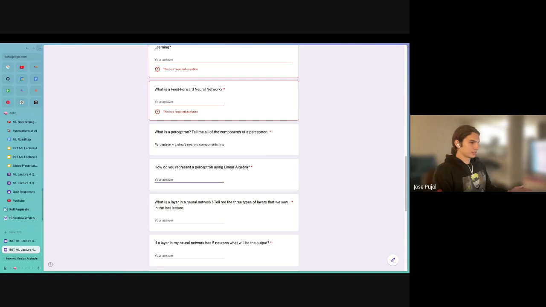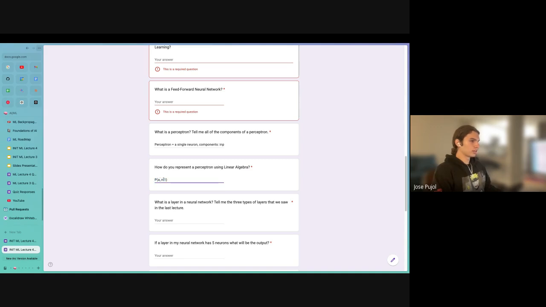So how do you represent a perceptron using linear algebra? Let's call it P of A n minus 1. Why am I calling this P of A n minus 1? P will just be my perceptron as a function.